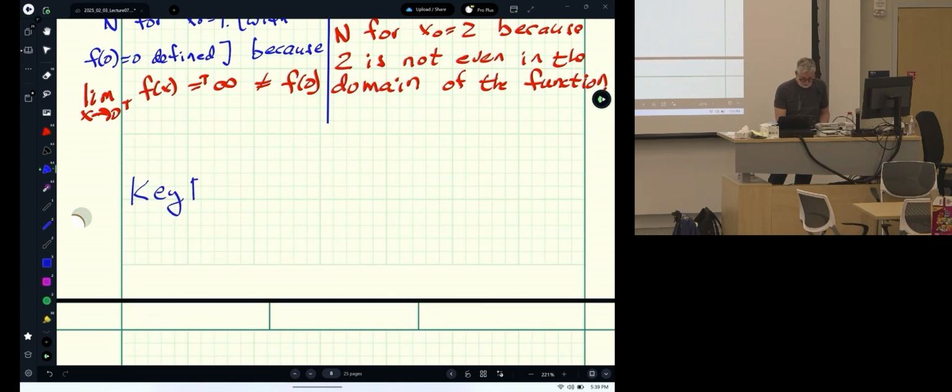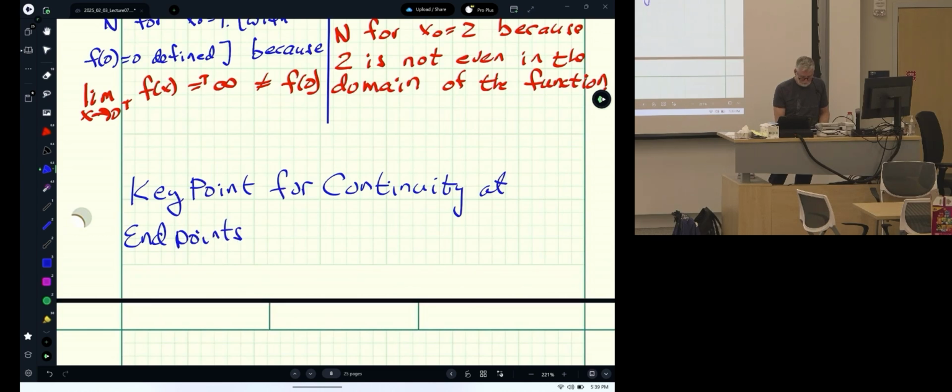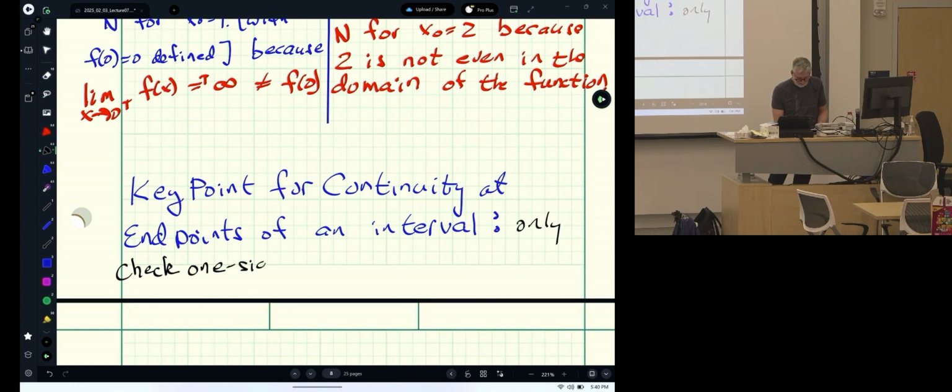So the key point for continuity at endpoints of an interval: only check one-sided limits that are in the domain of the function. Okay, so you just have to be reasonable.